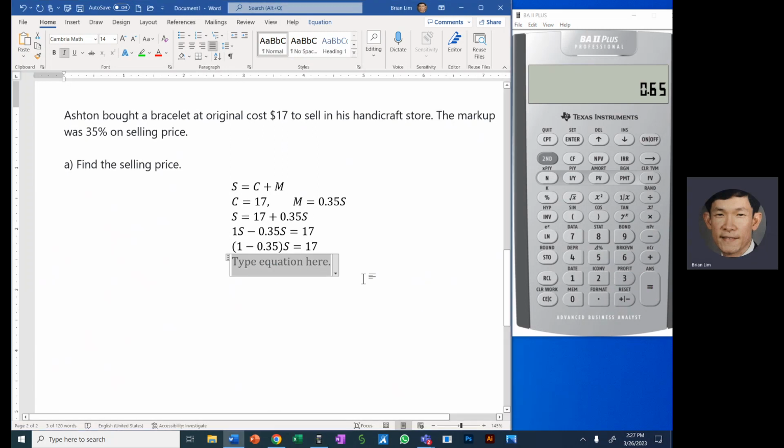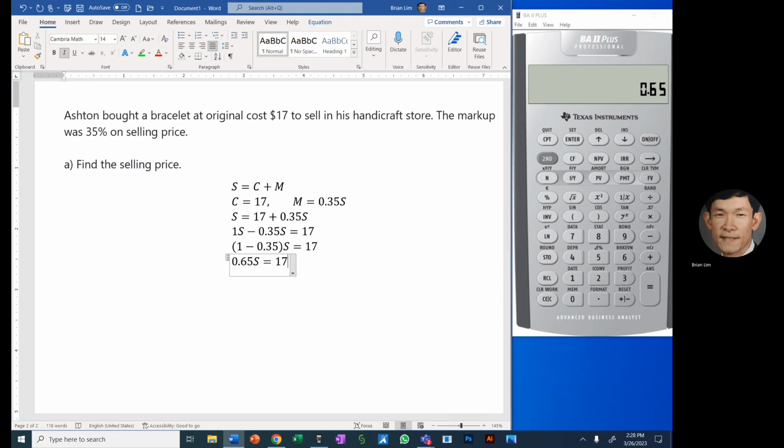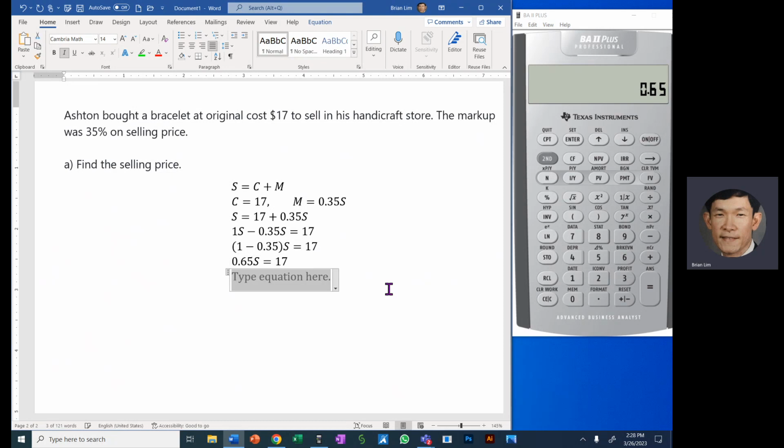So we go in here and we put 0.65 S is equal to 17. So S would be equal to 17 divided by 0.65. We could just do the reciprocal if we wish and multiply by 17. That will give us an answer.